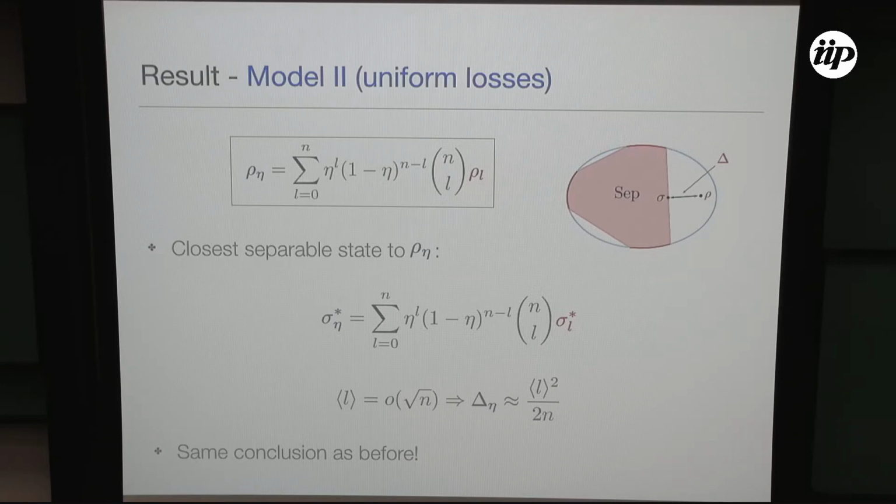We use some properties of the binomial distribution, the fact that it's well concentrated at its average, to show that our classical simulation is also efficient if you now use this state. Basically, the punchline is the same as before: if the average number of photons that is left goes like square root of n, then this distance tends to 0 as n increases. So we have the same punchline as before.